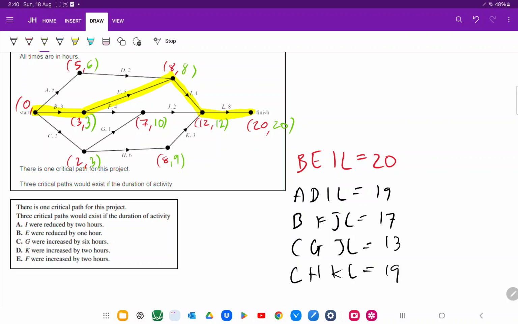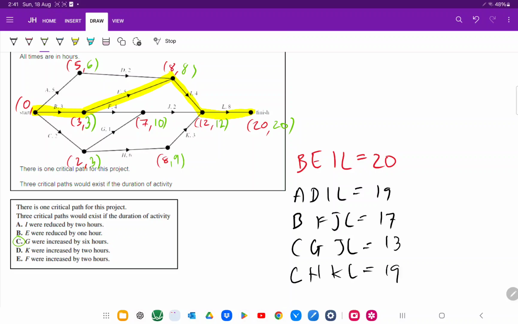If I is reduced by 2 hours, okay, that is not a possible option because now, actually we'll come back to that one. So let's look at C first.